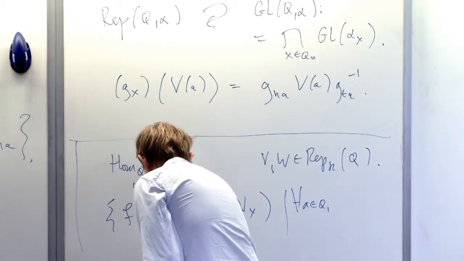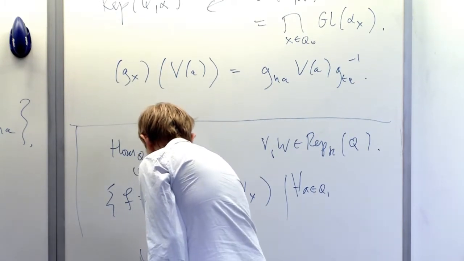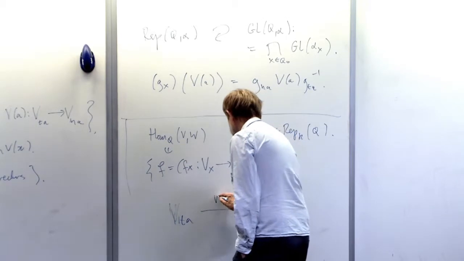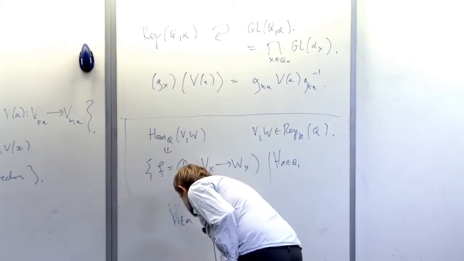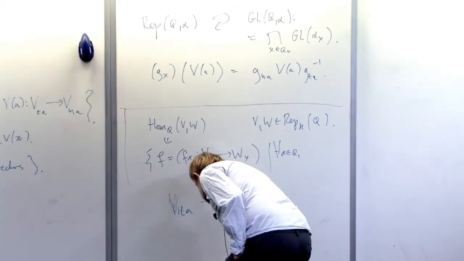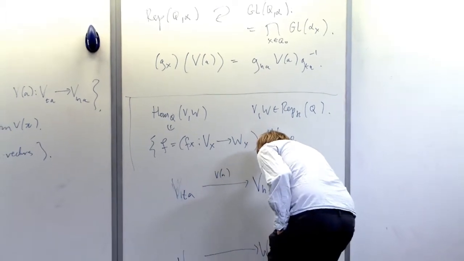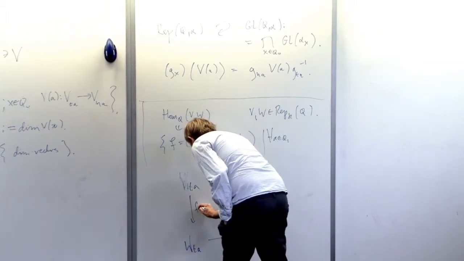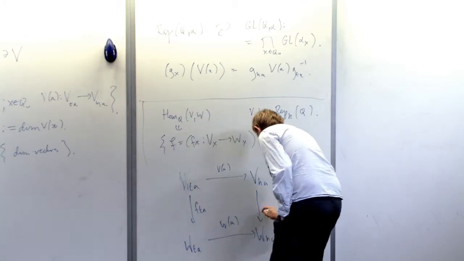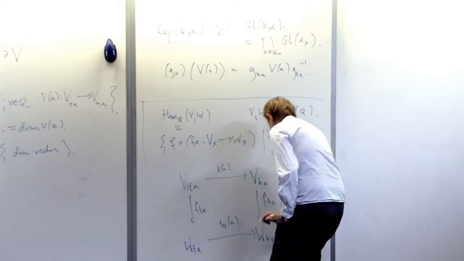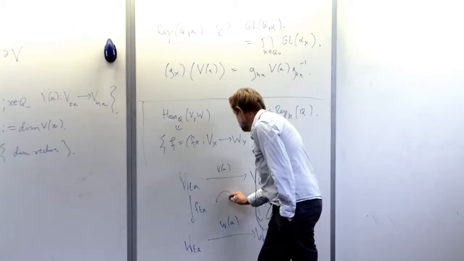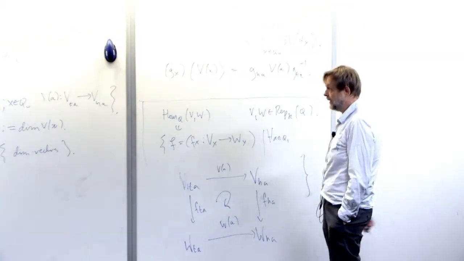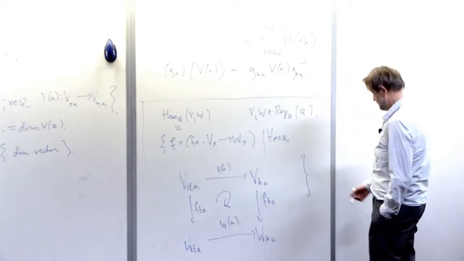I have V of TA, V of HA. This is my map V of A. Then I have the same for W, I have W of A. But now I have my maps F. And as you can guess, we require that all those diagrams commute. Then you get a map of representations of the quiver.